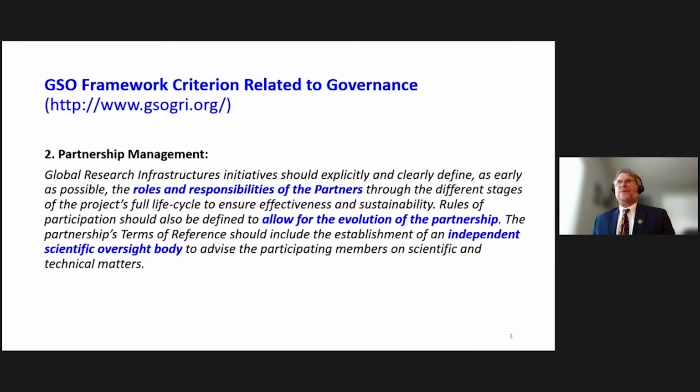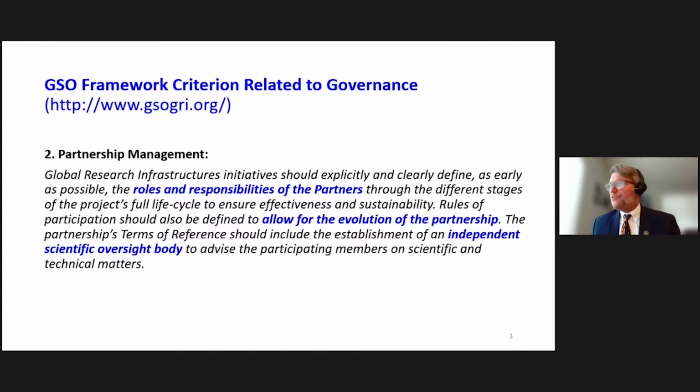I wanted to put up on the screen one of those reference materials. This is directly from the Group of Senior Officials Framework, which you can find online. I highlighted a couple of key words that you'll hear often: it's important in these governance structures that roles and responsibilities are clear for all of the partners involved.